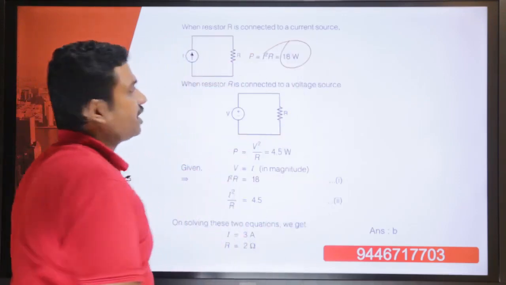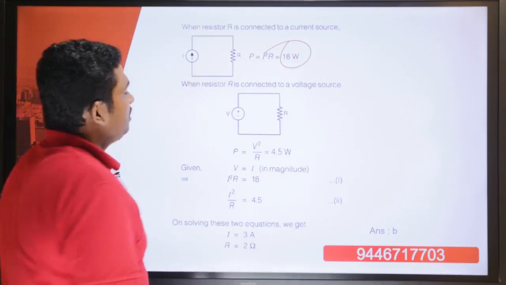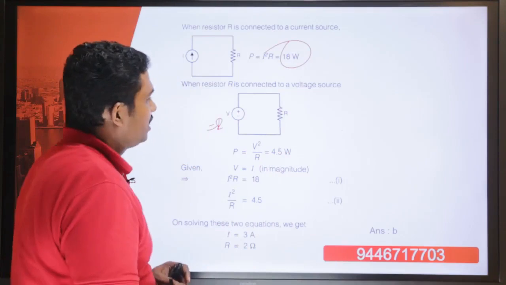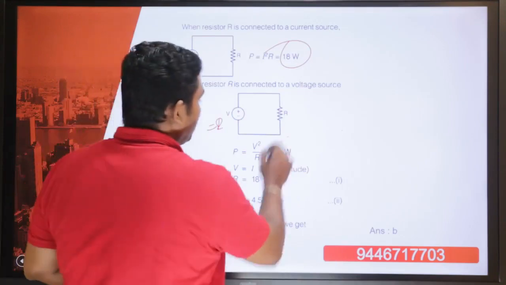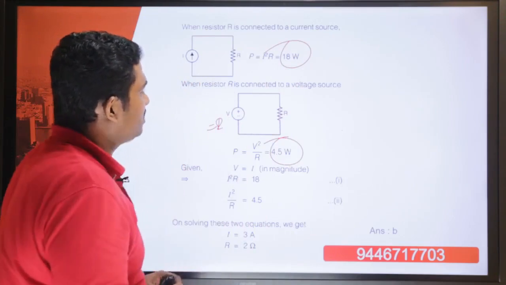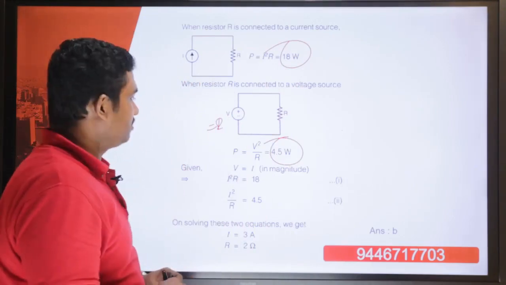Here the power is 18 watts. So that means I square R is equal to 18 watts. When the resistor is connected to a voltage source having the same value as the current source, it consumes a power of 4.5 watts. So I square R is equal to 18 watts and V square by R is equal to 4.5 watts.